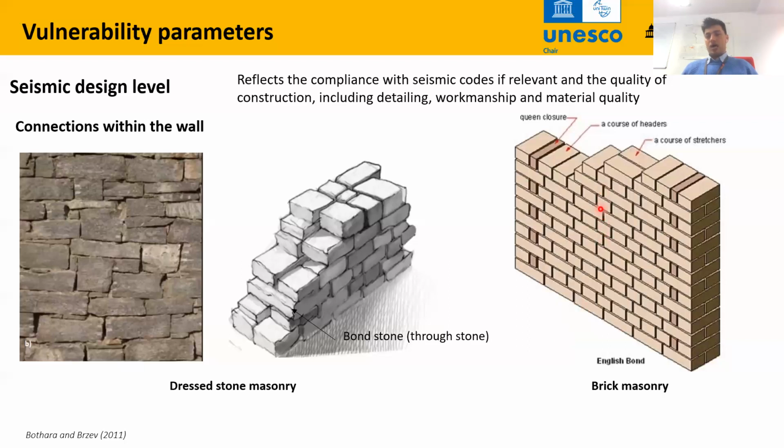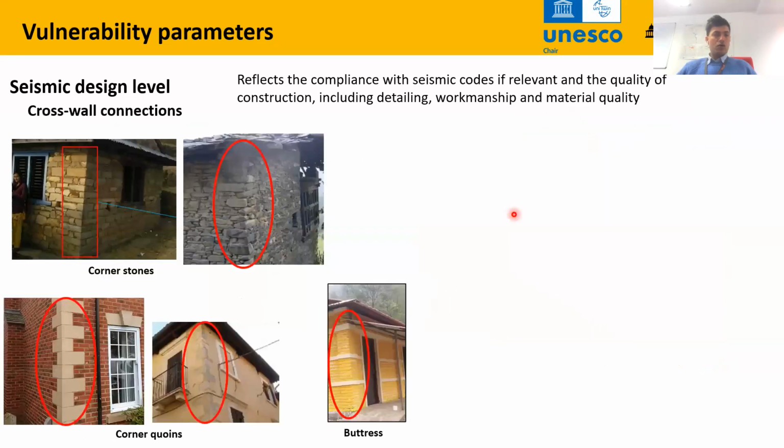And in modern masonry, we have different bond patterns. For example, in this English bond, we have alternate layers of stretcher and header bonds through the masonry thickness, so proper connection within the wall. At the cross wall connections, we have these corner stones in stone masonry.